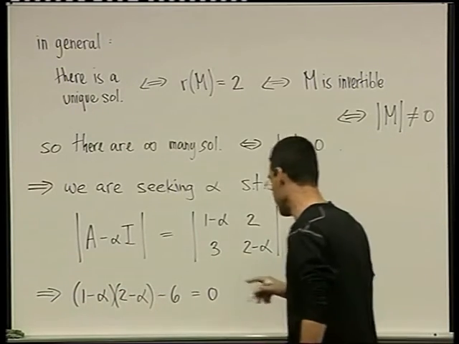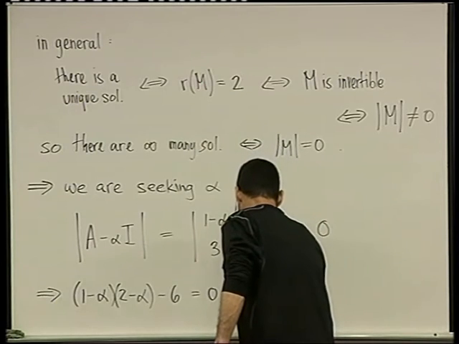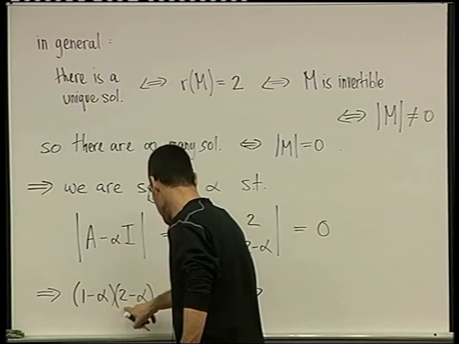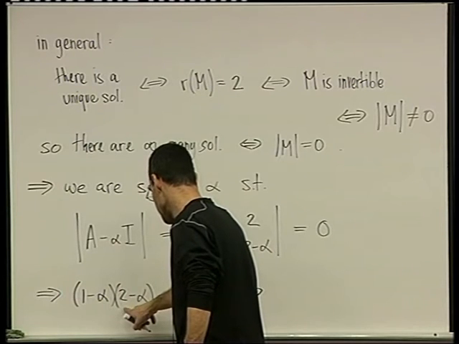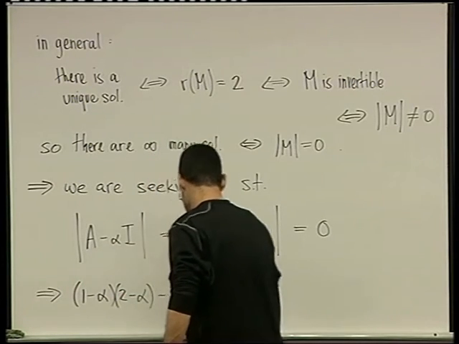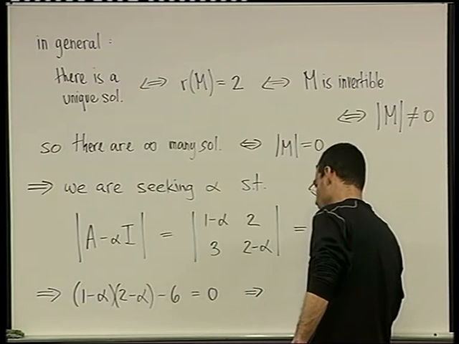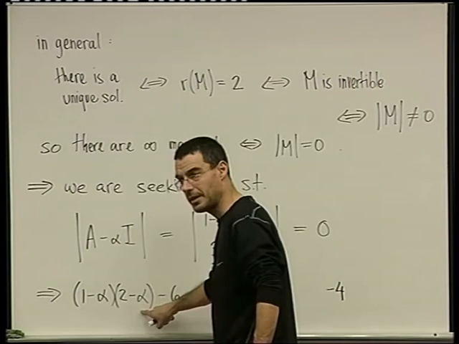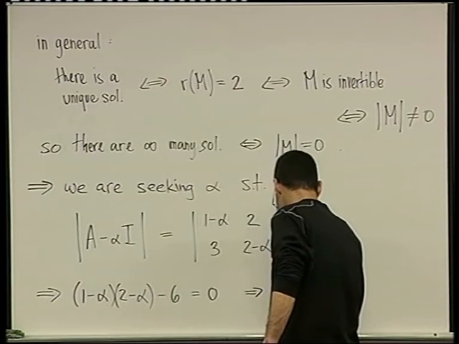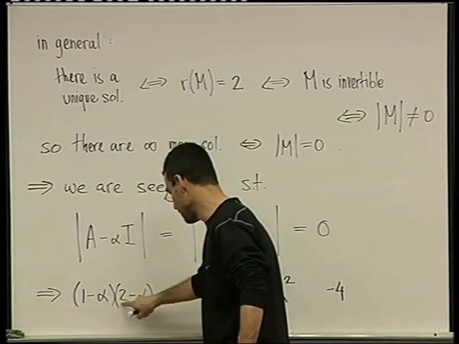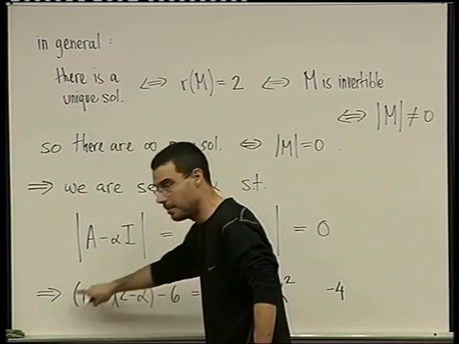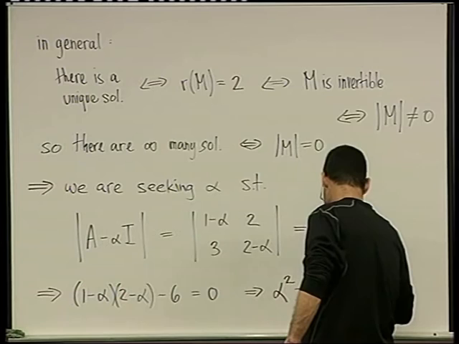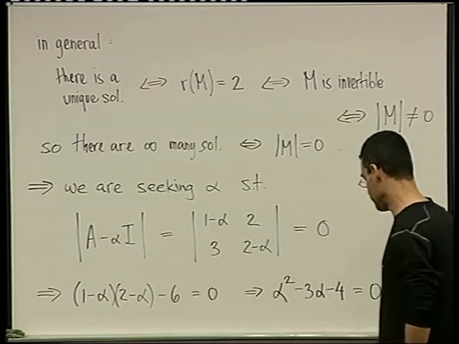Okay, let's understand what this polynomial is. So what do we have here? We have 2 minus 6, so we're going to have here minus 4. And here we have minus alpha times minus alpha, that's an alpha squared. And we have here minus 2 alpha minus alpha, so minus 3 alpha equals 0. That's the polynomial.